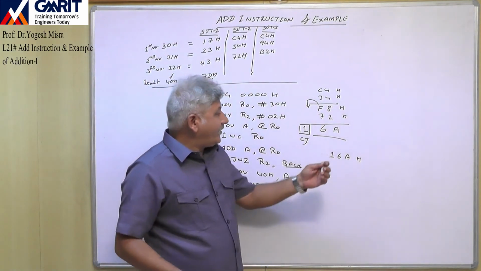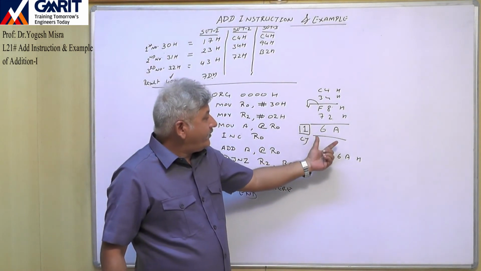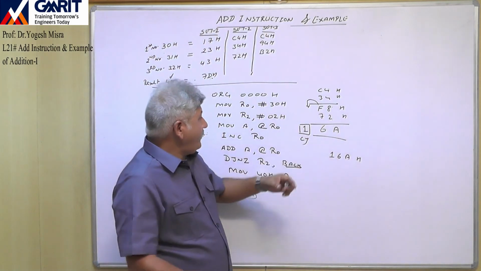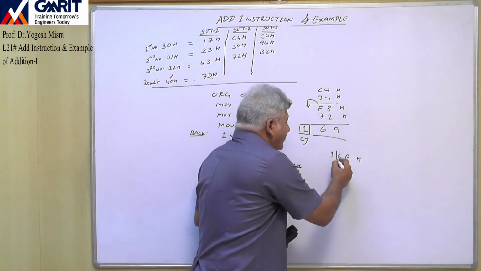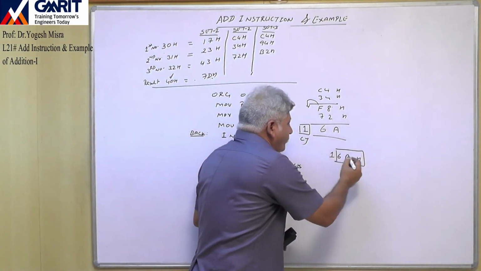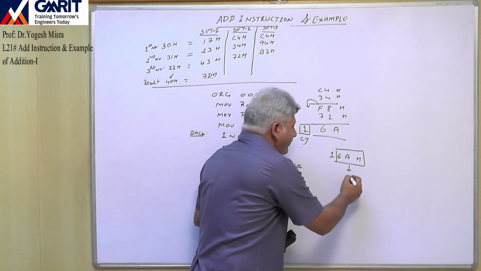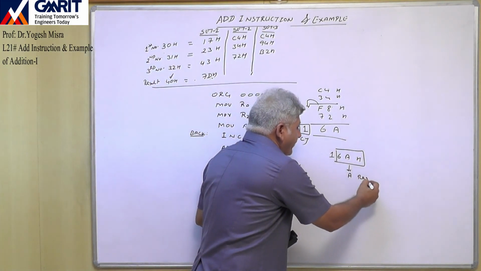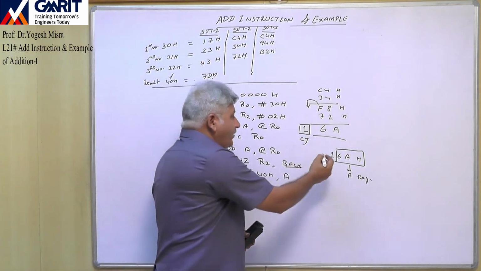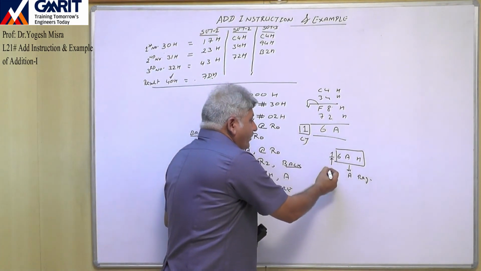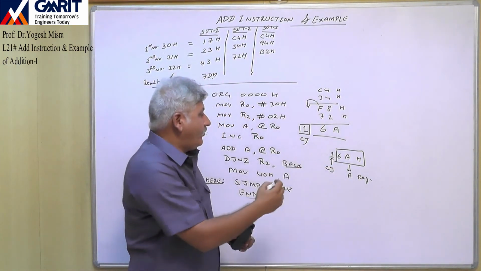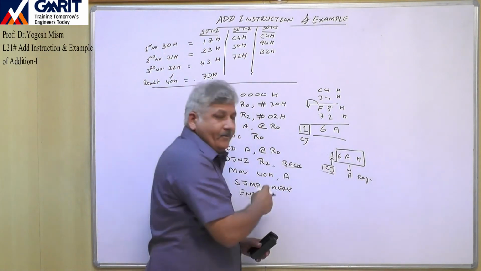So basically our result is more than 8 bits. That's why this value 6A is stored in the A register, the accumulator, and due to this carry, you will find the carry flag is 1.